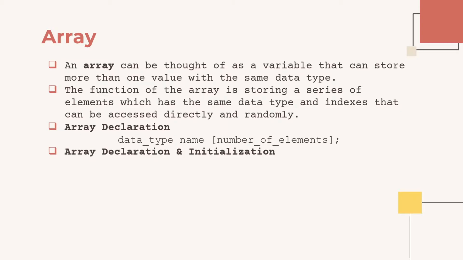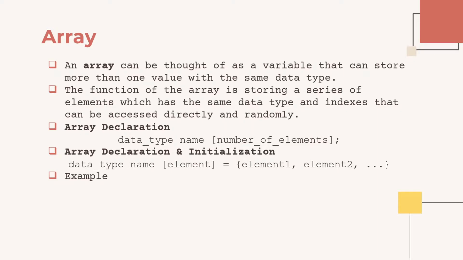We can also declare and initialize an array using one statement, and the format is data type, then the name of the array followed by the number of elements, then an equal sign, and then we specify the elements of data in curly brackets.